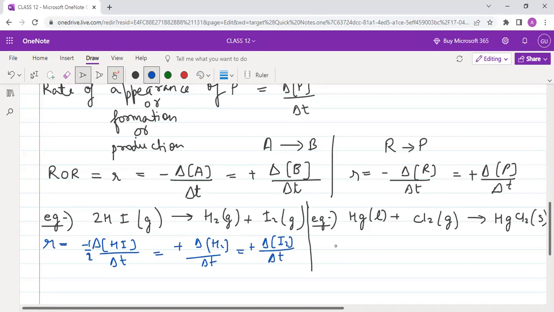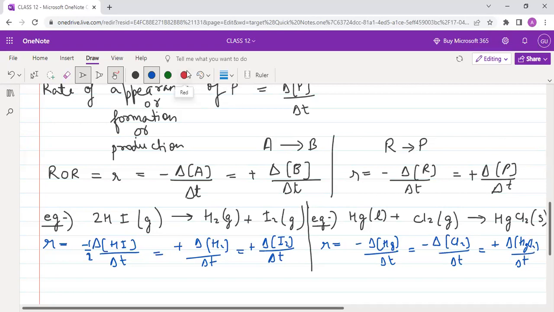Okay, so you have understood. Next one, it's minus delta Hg by delta t, then minus delta Cl2 by delta t, which gives plus delta HgCl2 by delta t.